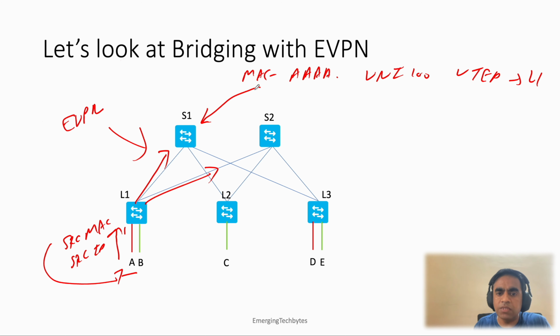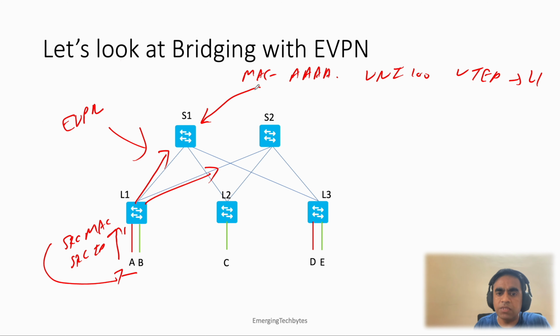So now when the packet comes from D, it will actually be an ARP reply. Remember, we have already covered the flooding process. Now D has seen the request and wants to respond with its MAC address. So what will be the source MAC here? It is of D. What will be the destination MAC here?